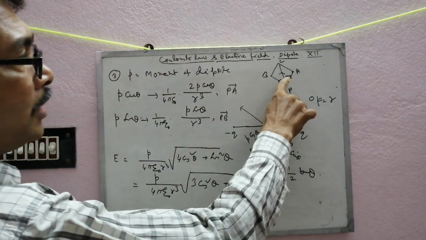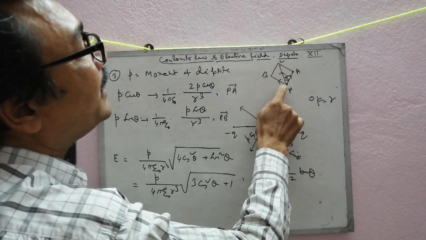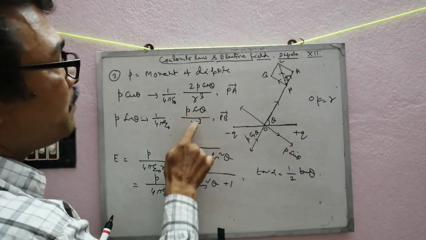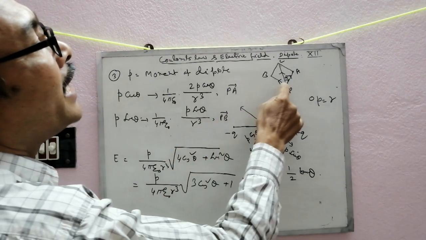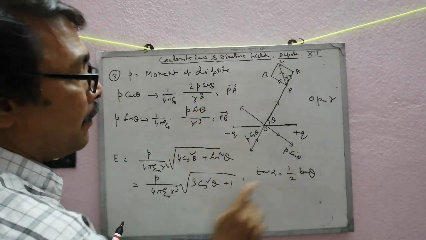Follow? Tan alpha equals height by base. The height AC is P sin theta by r cube, and the base PA is 2p cos theta by r cube. We get half tan theta.